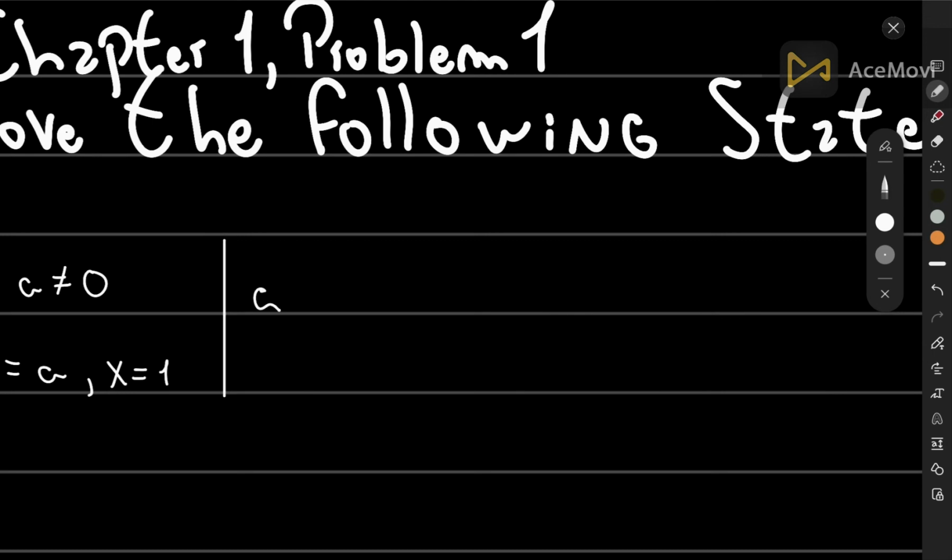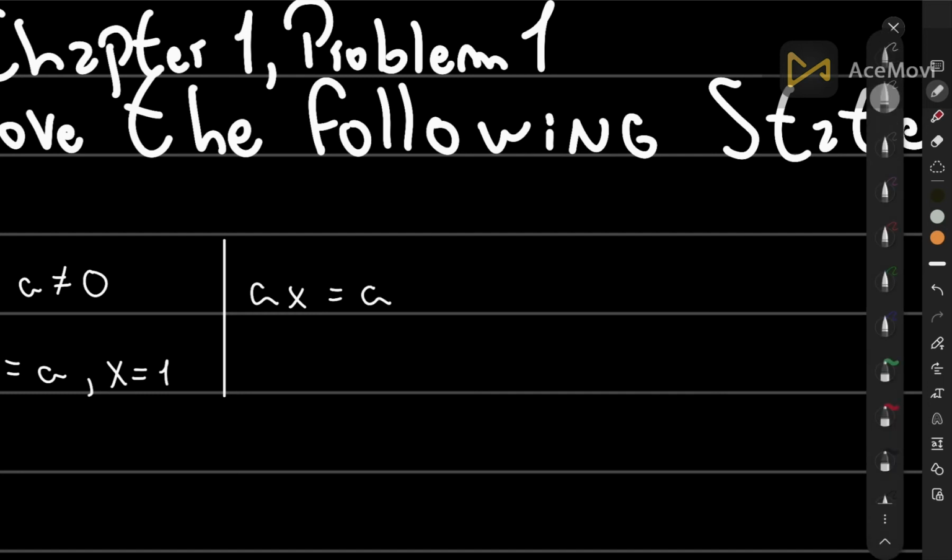So ax equals a. We just multiply both sides by a to the negative 1. So there would be a to the negative 1 times ax equals a times a to the negative 1.